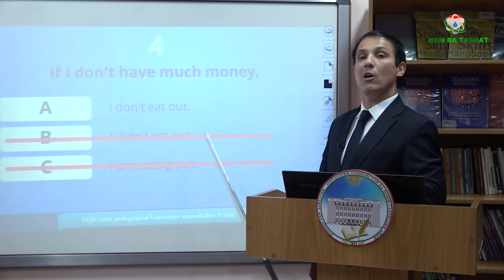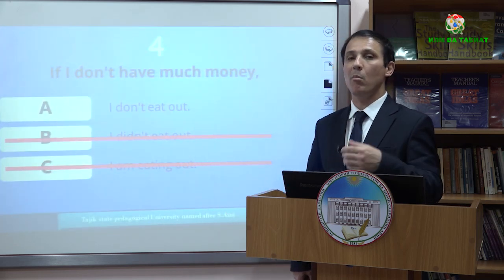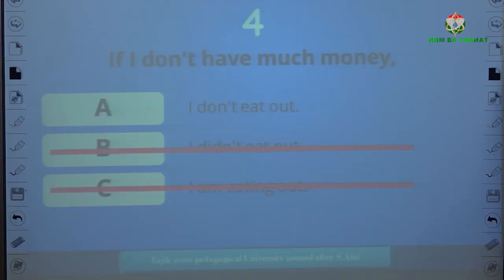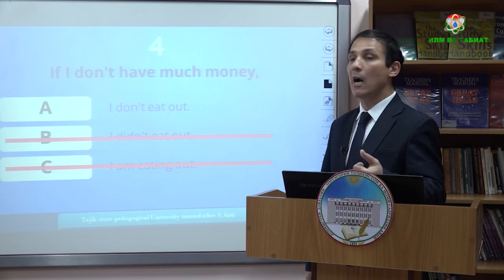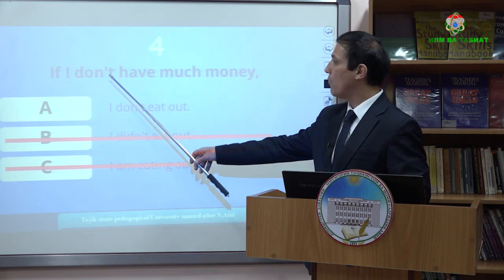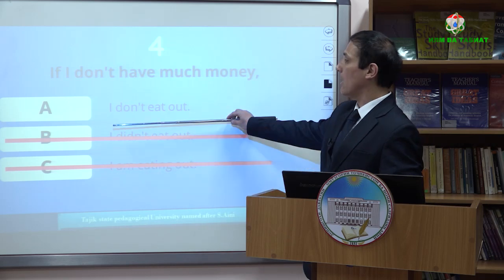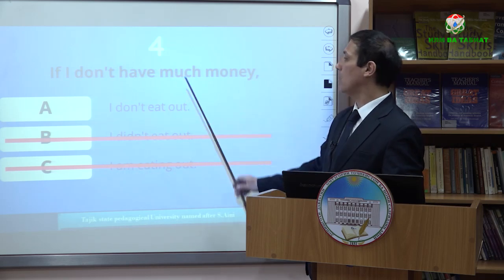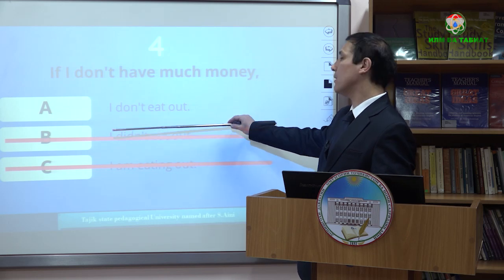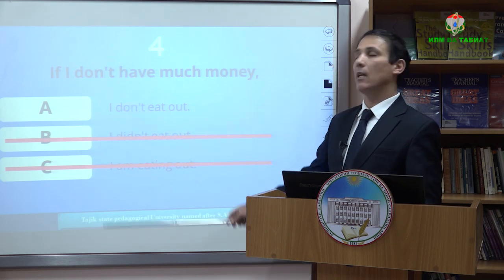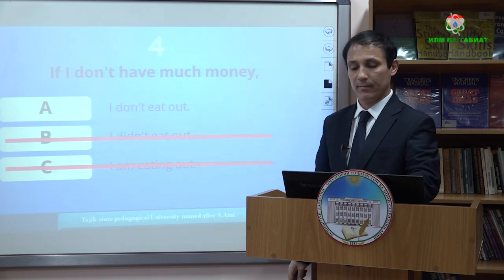I don't eat out. If you don't have much money, you never have your dinner or supper or any food out. You said that if I don't have much money, I don't eat out. Yes, this is the fact, this is the result, this is the clear information.